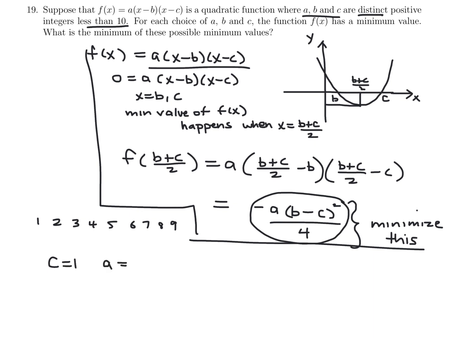For the largest a I'll choose 9, and the largest b I'll choose 8. If I plug those numbers in, I get −9(8 − 1)²/4, which is −9 times 7 squared, which is 49, over 4.